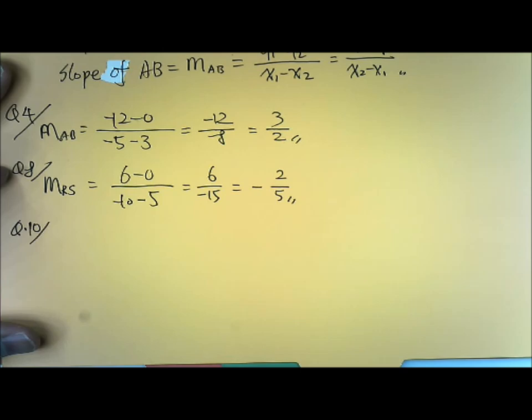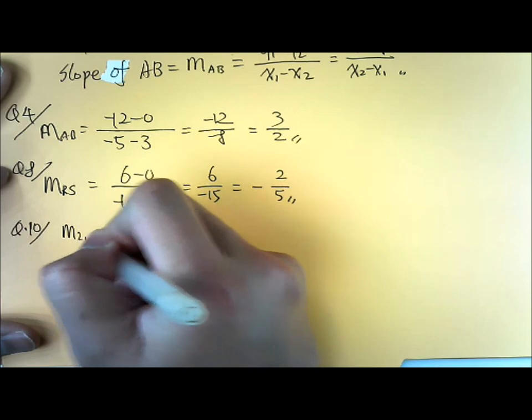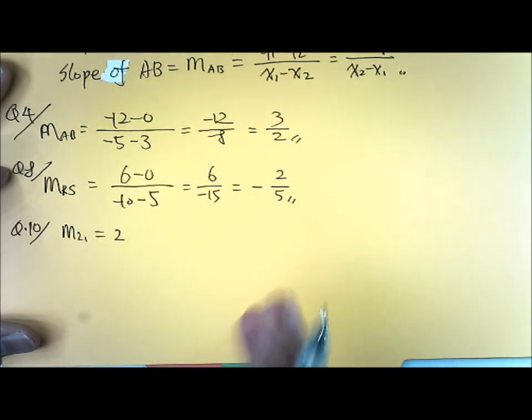L2 passes through those two points. Do L1 and L2 have the same steepness? Explain. If two straight lines have the same steepness, their slopes will be the same. Here L1's slope is 2, so you can write down m_L1 is 2.